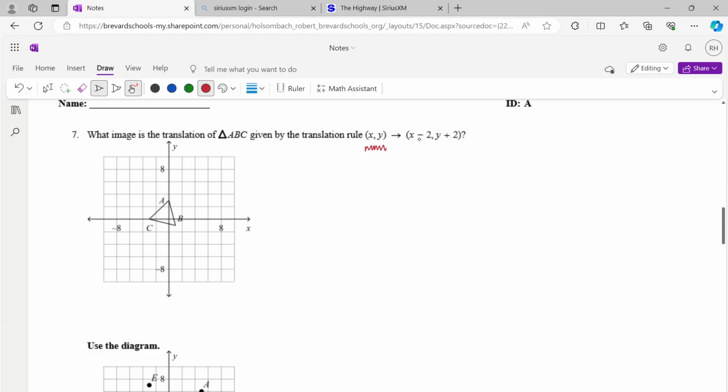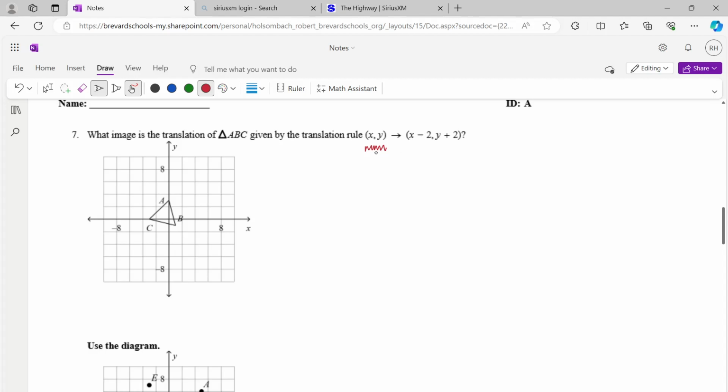When you're looking at this graph, the lines on the graph are all in increments of 2. So be careful. All right? You've got to move 1 block to move 2 units.